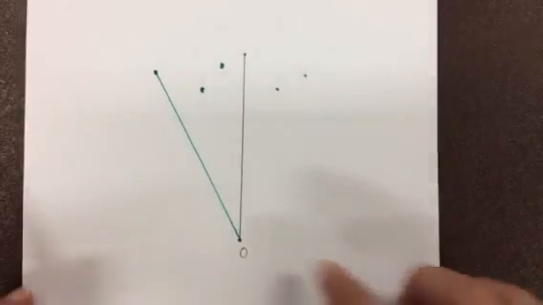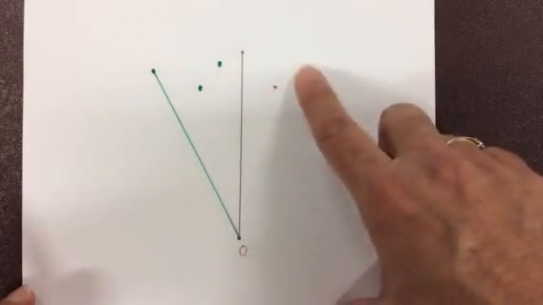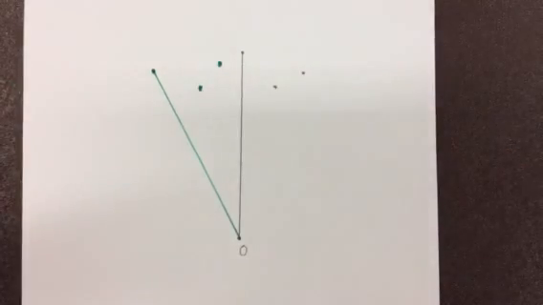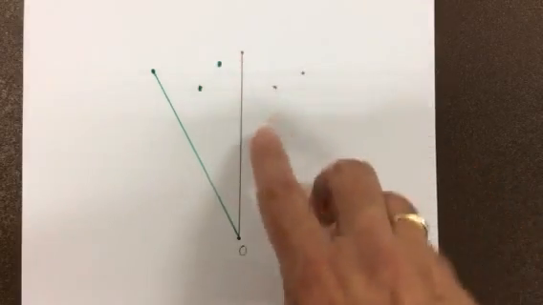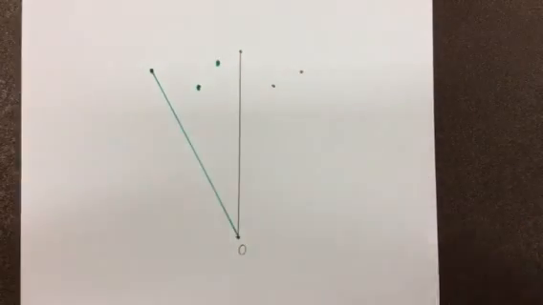So you can see here's my original figure with the line segment and 2 points. Here's my rotation in green. And what you should be able to notice is that all the distances are preserved. So the distance between these 2 points is the same here and here. The distance to the line and anything within the figure, all the distances have been preserved in this rotation.